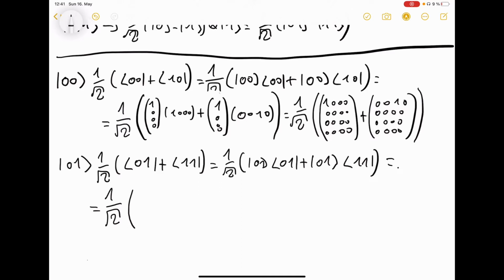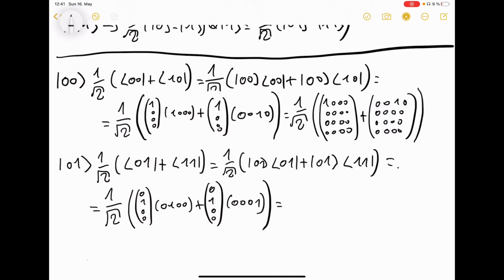Looking at the first one, 0, 1 is 0, 1, 0, 0 times 0, 1, 0, 0 plus 0, 1, 0, 0 times 0, 0, 0, 1.